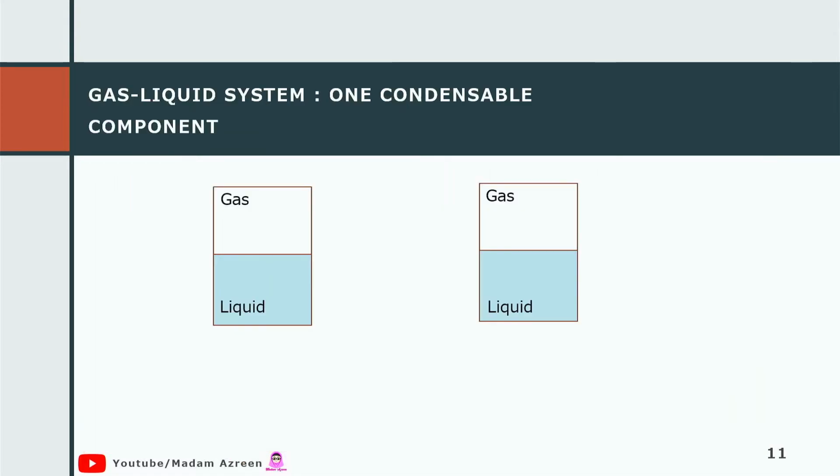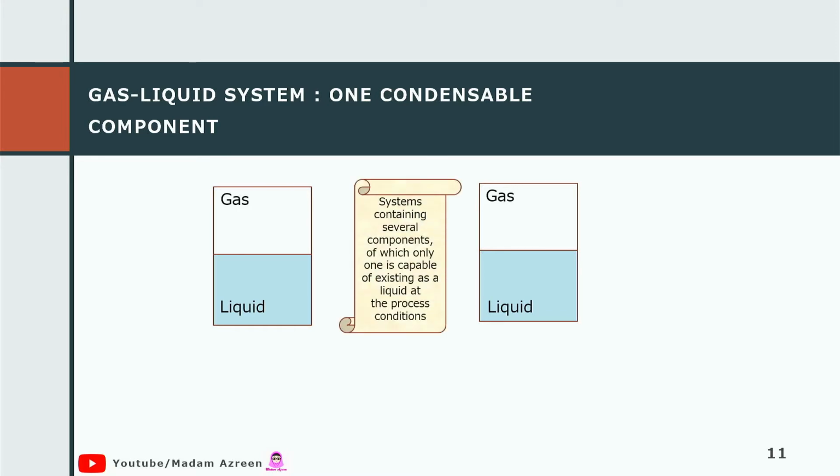Okay, next is about the gas-liquid system. When we have a gas and liquid at the same time, and in this condition only one condensable component is in that system, regardless of how many species you have, maybe you have A and B or C, so C is the most condensable one.